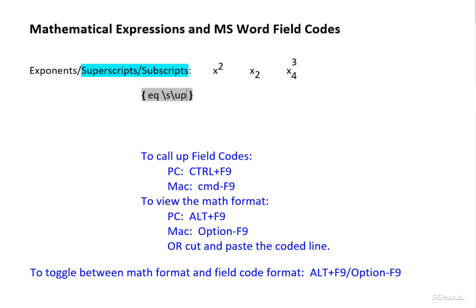So we type up. Then we indicate how elevated above the main line the exponent is supposed to be. Let's try 4 for now. So we type 4. We think this means 4 points up above the main line. We open with a parenthesis, type the exponent, which in our example is 2, and end with a closing parenthesis.